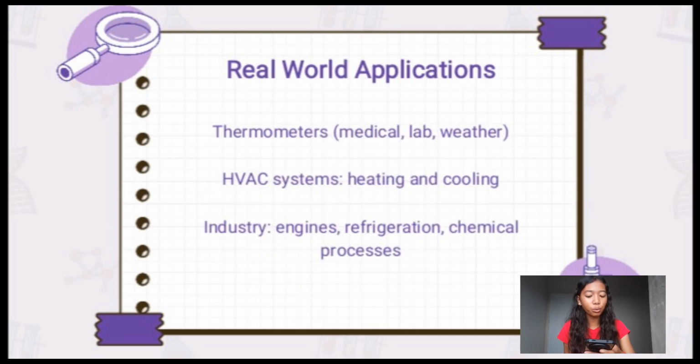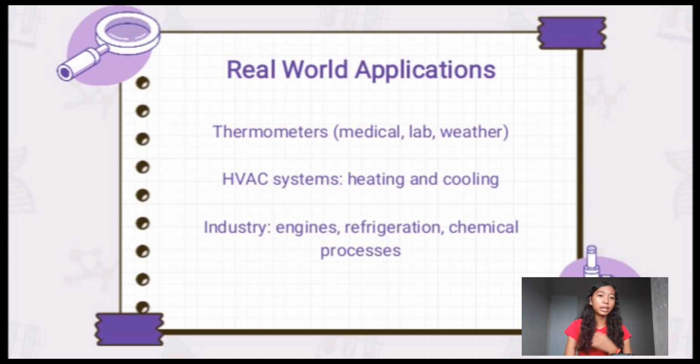So when we apply this in real-world applications, like, we buy a thermometer, and put it in our mouth or armpit to check the heat of our body, di ba, makuha na nato ang atong temperature o mahibaw na nato if naay sakit or wala. Then, we use thermal equilibrium to maintain temperature.